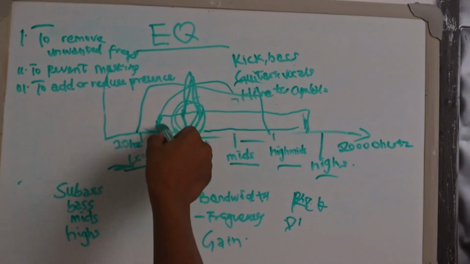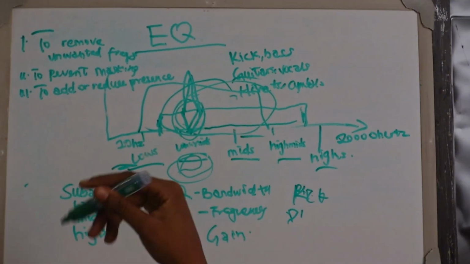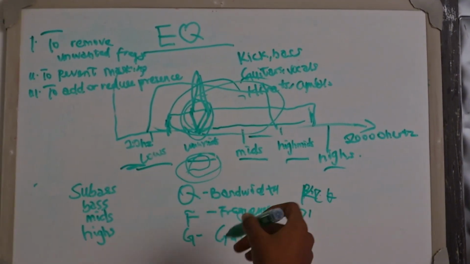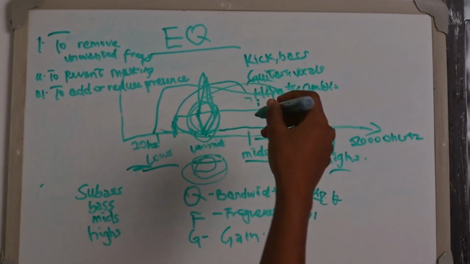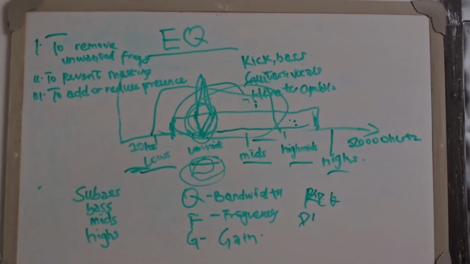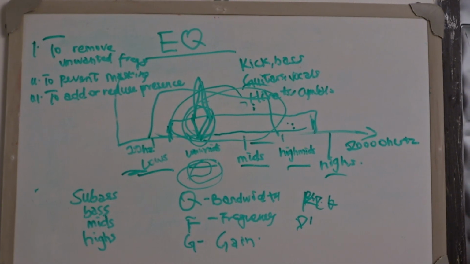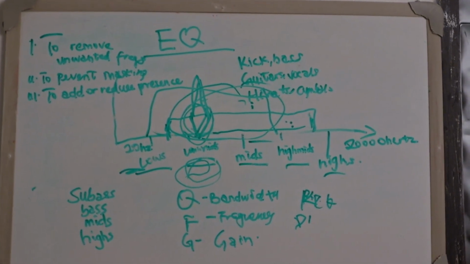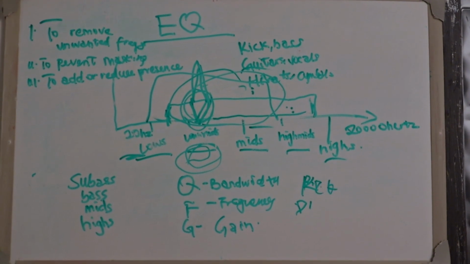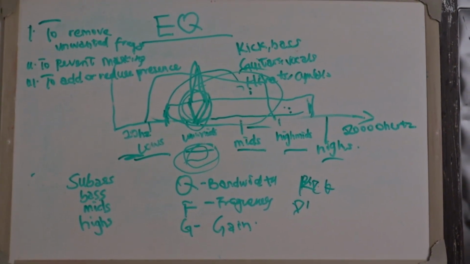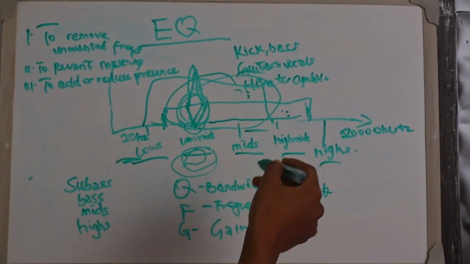So there's a lot of overlap. So equalization allows you to make space so that everything can shine without being muddy. Because imagine you're playing drums, guitar, everything, and there is no form of equalization going on. It might sound crowded and muddy. So equalization allows you to give space to something.